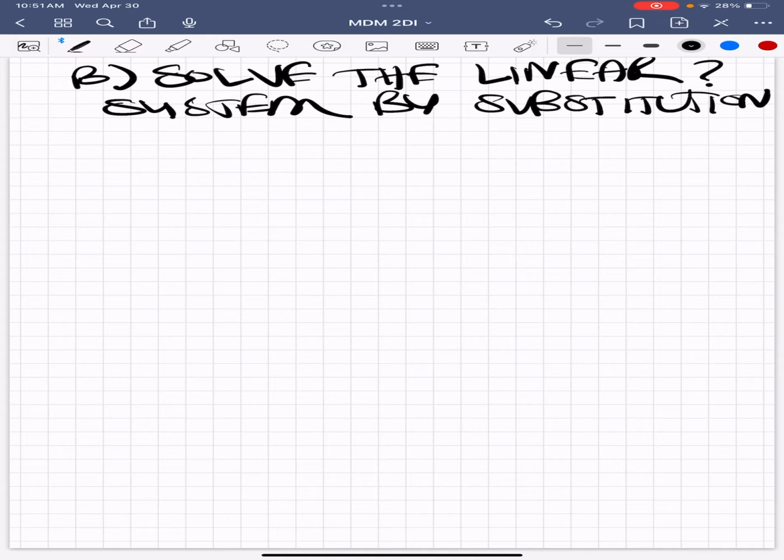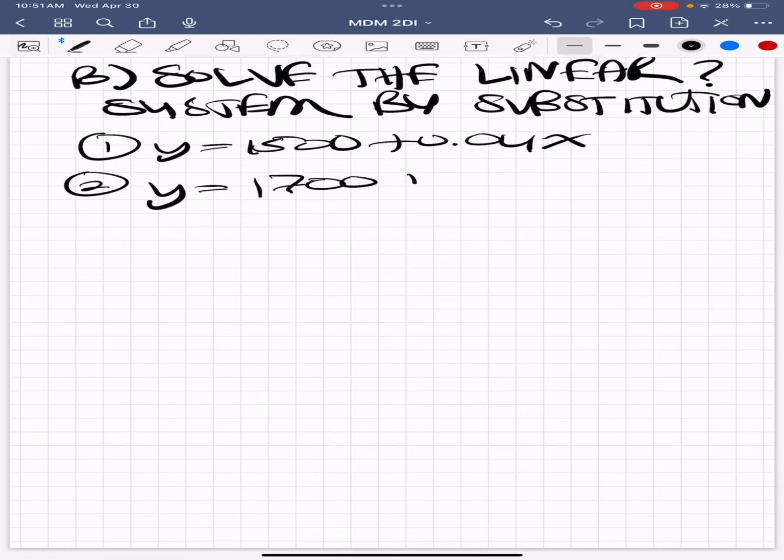Solve the linear system by substitution. So we have y equals 1,500 plus 0.04x, and then equation 2, which is y equals 1,700 plus 0.02x. And then we set each equation equal to each other.